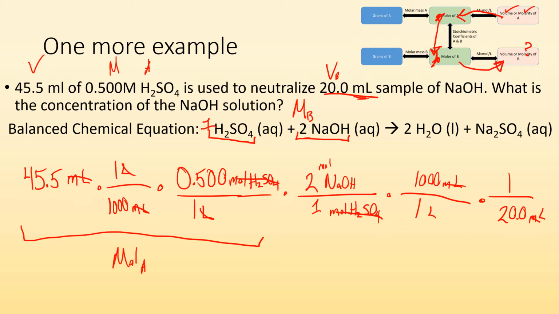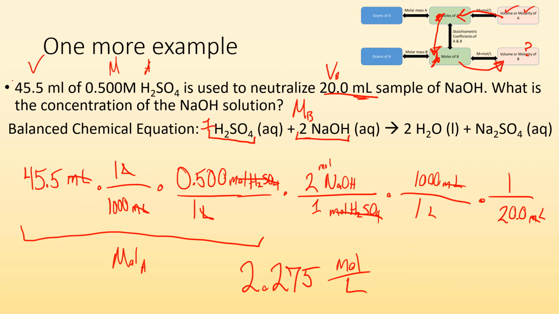So now the only units that I have left are moles of sodium hydroxide per liter. So now I pick up my calculator and do some number punching. And I get 2.275 moles per liter.